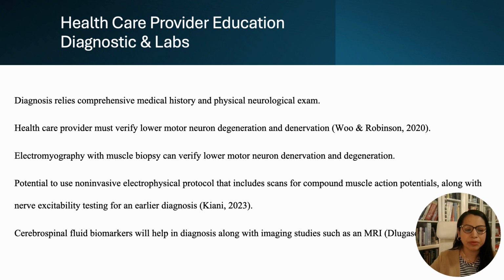But there are cerebrospinal fluid biomarkers that can also help with the diagnosis, looking for high levels of glutamate, right, that we talked about before, as well as imaging, looking at the MRI images. We want to rule out other diseases that might mimic ALS, such as MS.